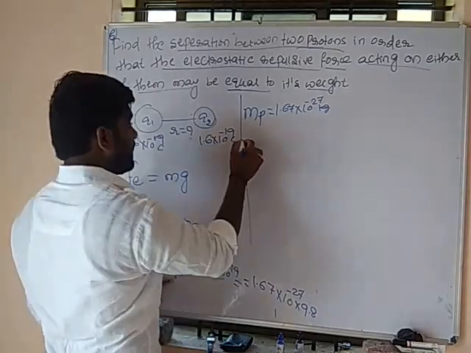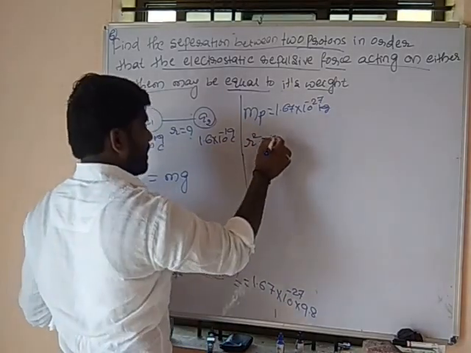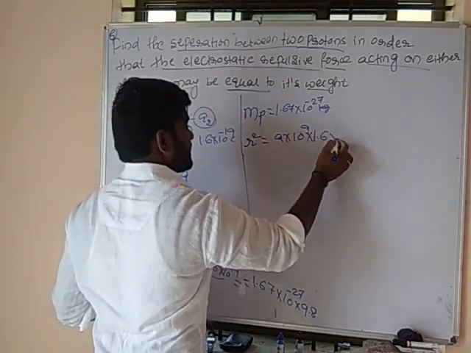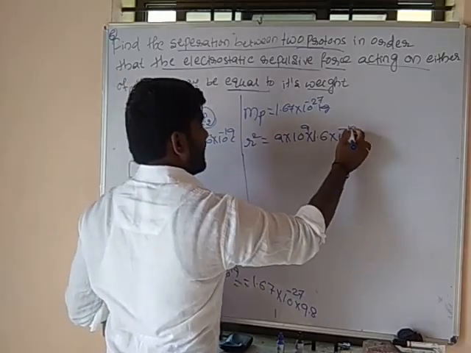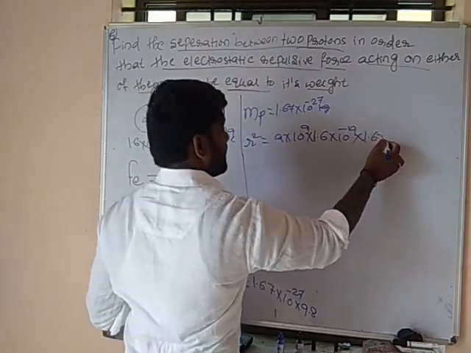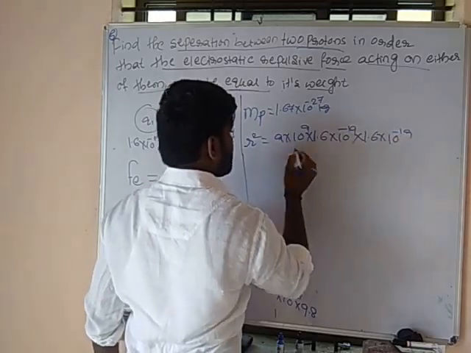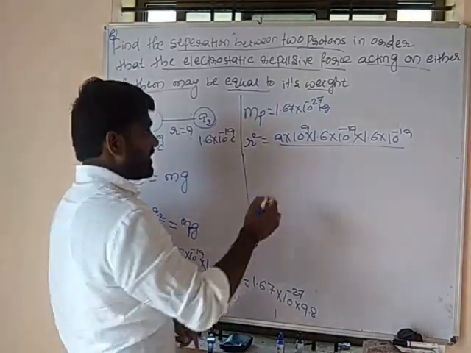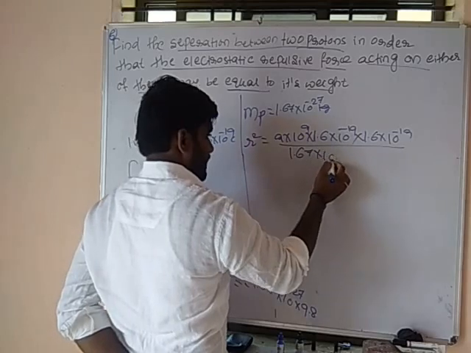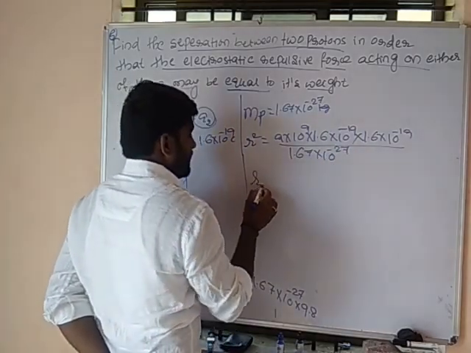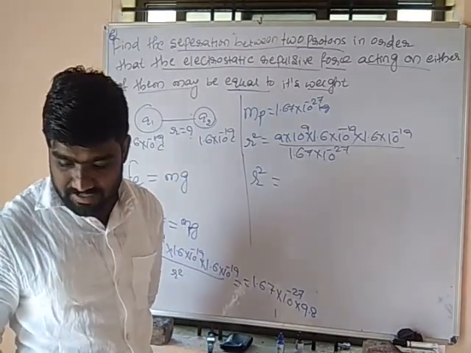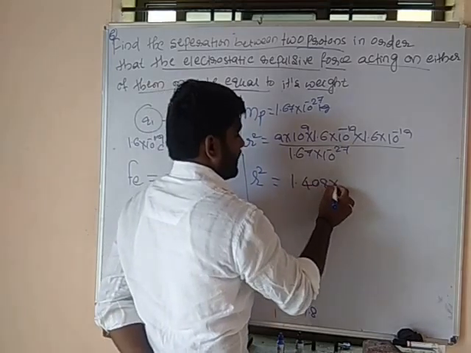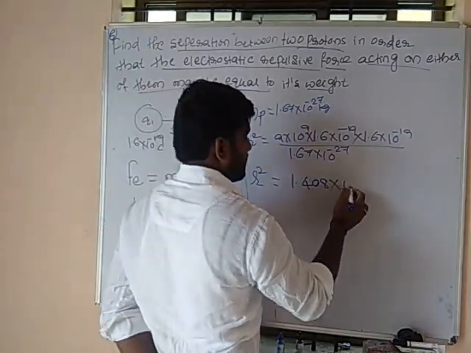R square is equal to 9 into 10 to the power 9 into 1.6 into 10 to the power minus 19 into 1.6 into 10 to the power minus 19, whole divided by the mass, which will be 1.67 into 10 to the power minus 27, into 9.8. Then the final value of R square will be 1.408 into 10 to the power minus 2.